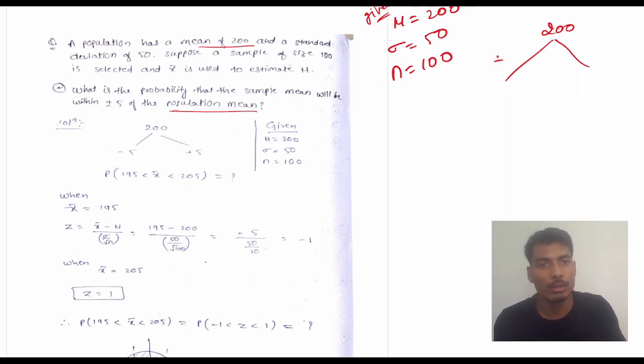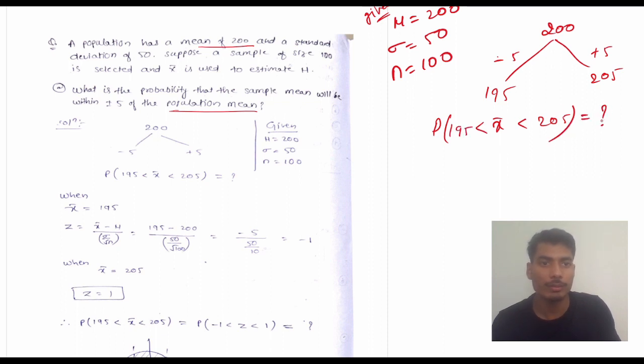What is the probability that the sample mean will be within plus or minus 5 of the population mean? If you do minus 5, you get 195, right? If you do plus 5, you get 205. So they are asking the probability of x bar between 195 and 205. This is the meaning.